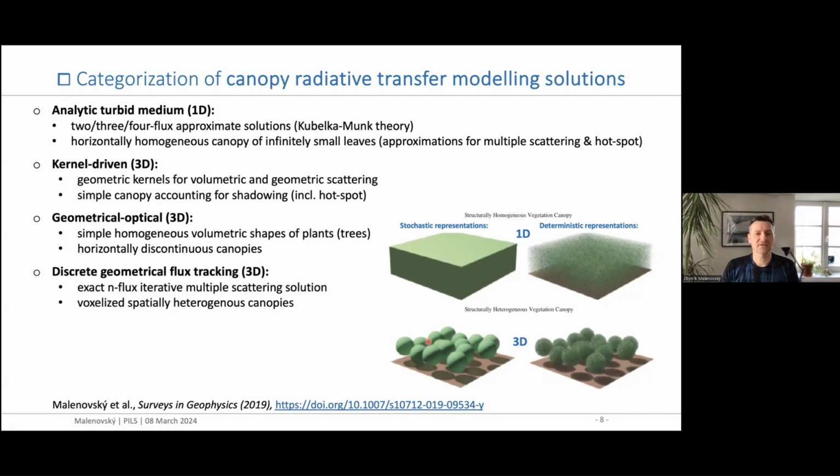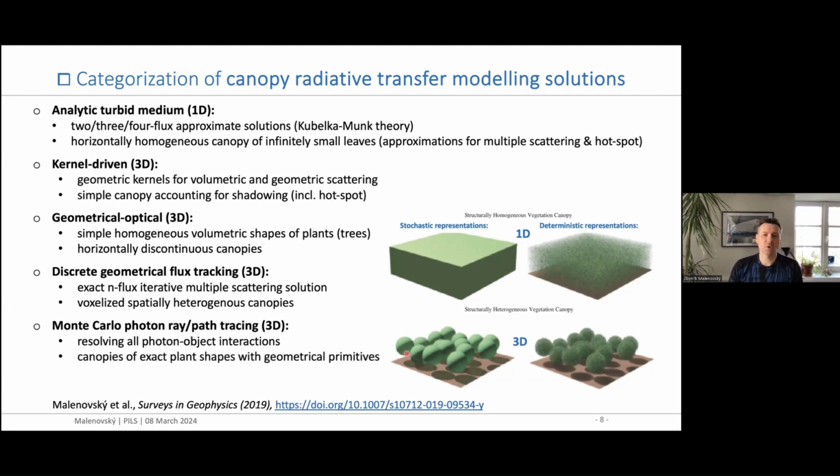Then we have flux tracking in the discrete geometrical models. These models can deal with n fluxes in an iterative fashion, simulate the multiple scattering, and their canopies are represented by voxels, so three-dimensional pixels filled with the turbid medium of leaves.